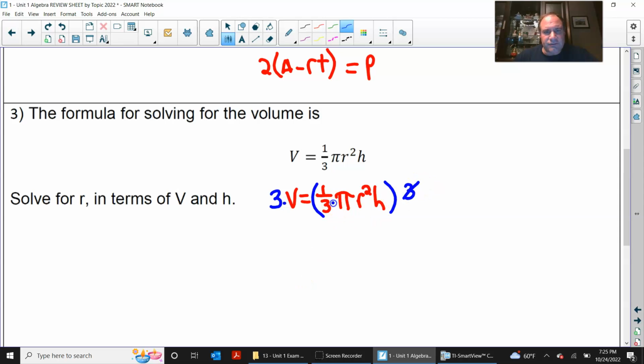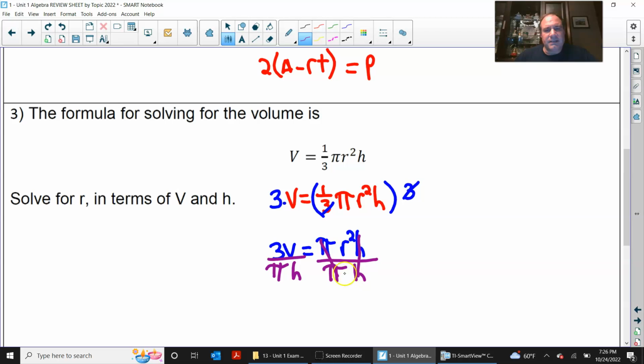So this 3 cancels with this 3, and this is 3V equals pi R squared H. And you notice now it's much easier for me to solve for R. I'm going to divide, because all of these are attached by multiplication, so you do the opposite of multiplication, which is division.